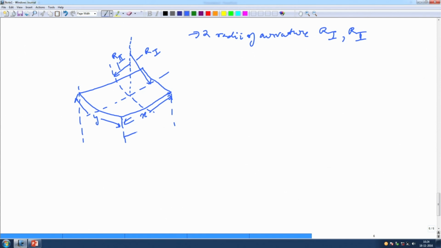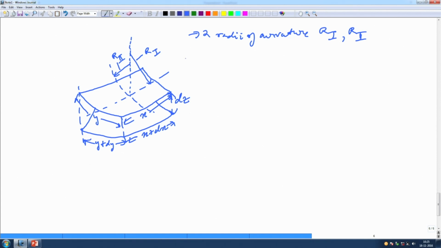So, it is displaced by this, and this is how the interface looks like, forgive the drawing. So, this now becomes x plus dx and this becomes y plus dy because of this small displacement. This is displaced by dz. So, that interface is changed.